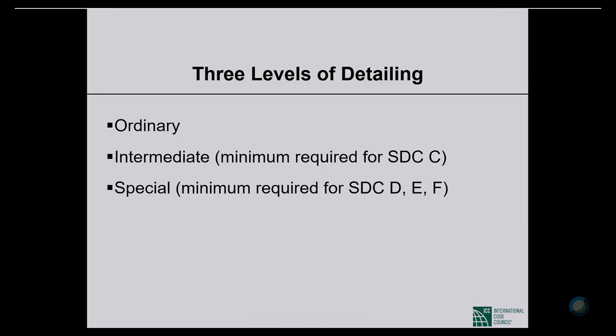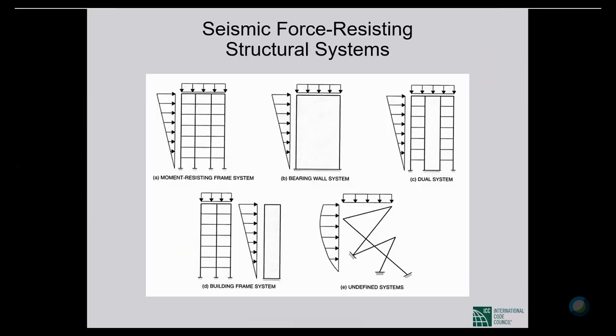R is in the denominator of the design base shear equation. You will have a lower design base shear. If your detailing is ordinary detailing, your R value will be low and your design force level will be high. Okay? So ordinary, intermediate, special detailing.